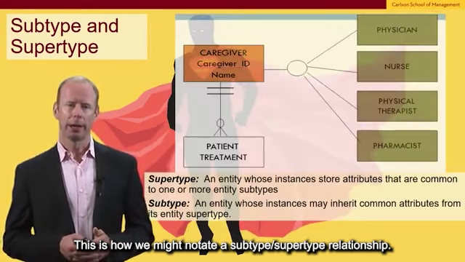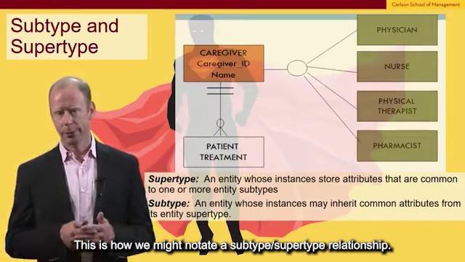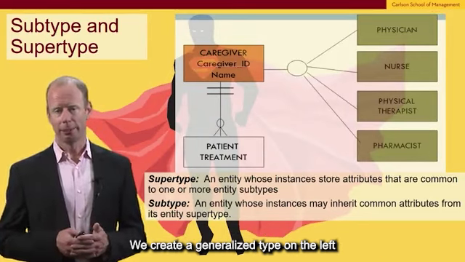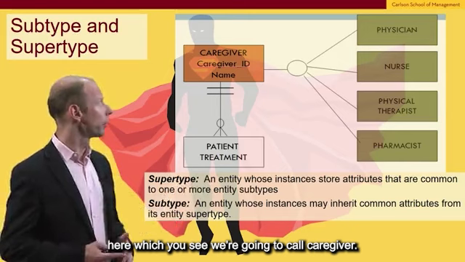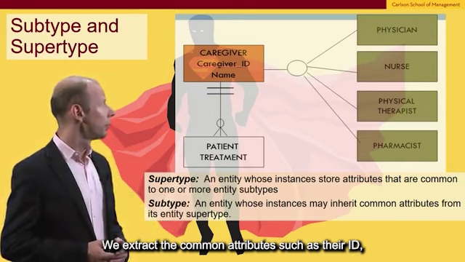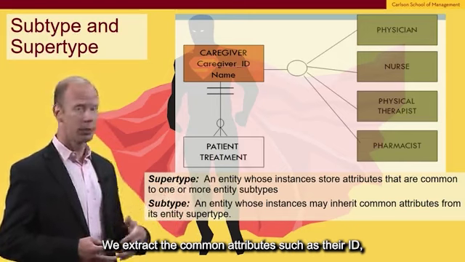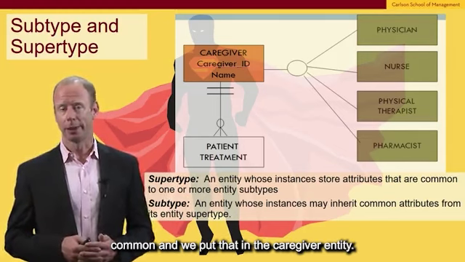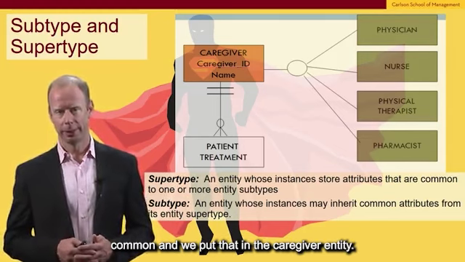This is how we might notate a subtype-supertype relationship. We create a generalized type on the left here, which we're going to call caregiver. We extract the common attributes, such as their ID, their name, and anything else that might be common, and we put that in the caregiver entity.